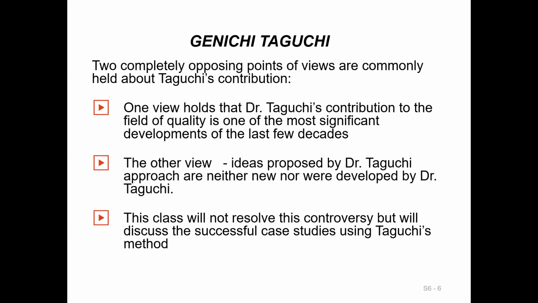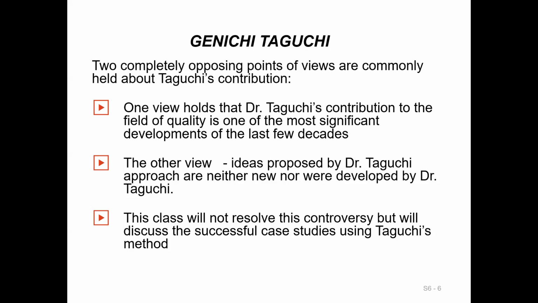Quality control based on Taguchi can split into two. One is called online, another one is offline. As I indicated in the last video, online is approximately equivalent to the detection approach, and offline is quite similar to the prevention approach.